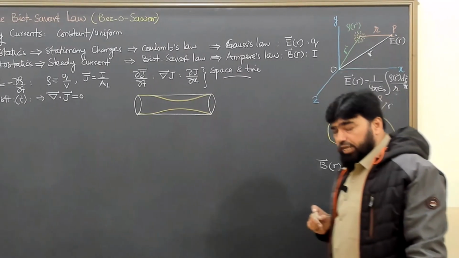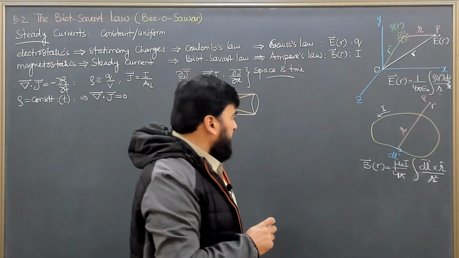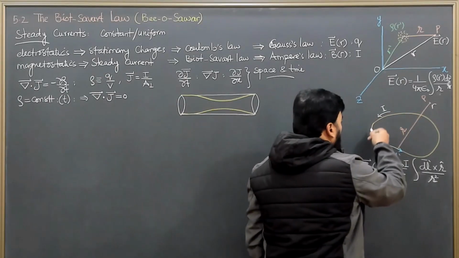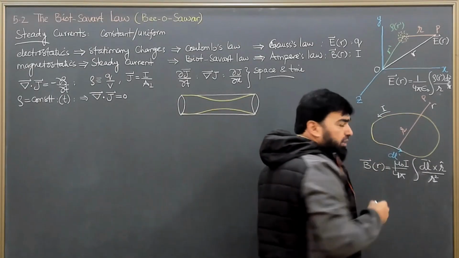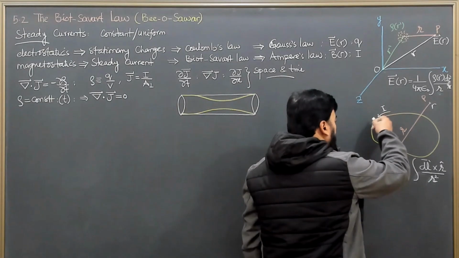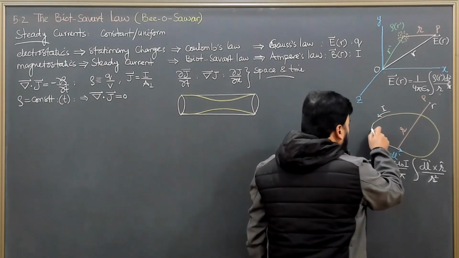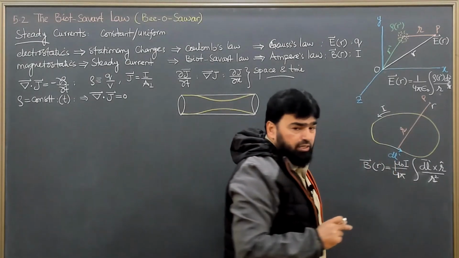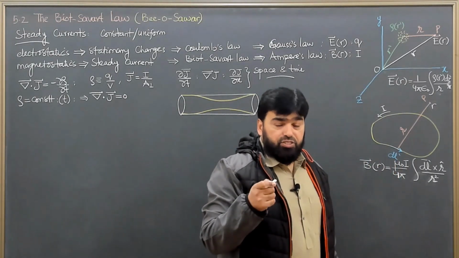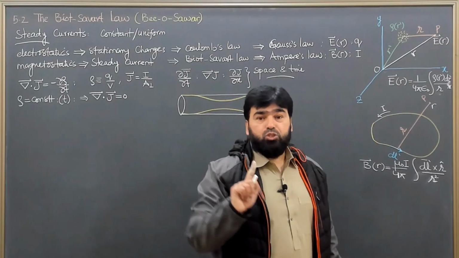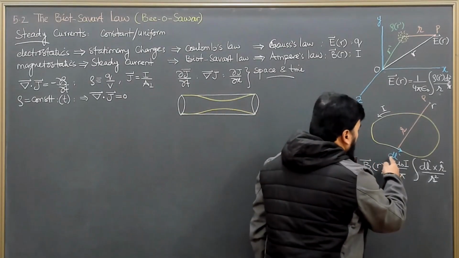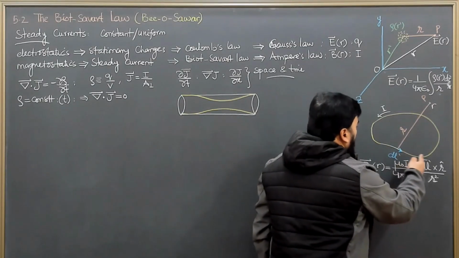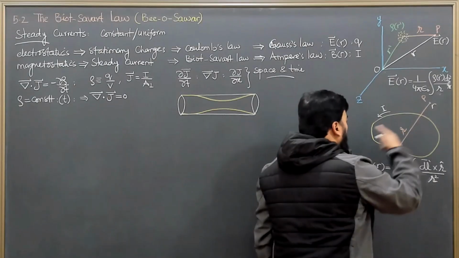And when I come to the Biot law, in the Biot law I consider a loop of wire, a current carrying loop, and any part of this I consider as dl. Now this current itself is a source, so that's why I will write dl prime, and I will integrate it all over its length.